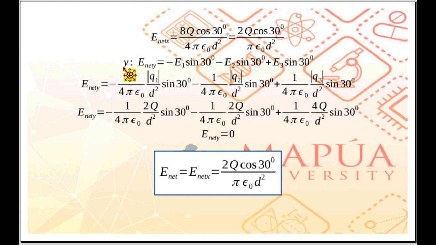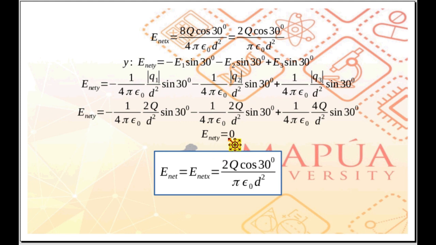Doing the same thing for the y component, we have E net y is equal to negative E1 sine 30 degrees minus E2 sine 30 degrees plus E3 sine 30 degrees. Applying the equation for magnitude of electric field for a single charge and simplifying, we see that the y component will cancel out.